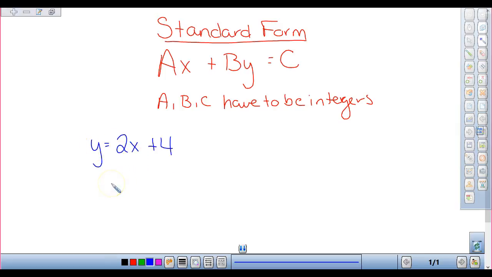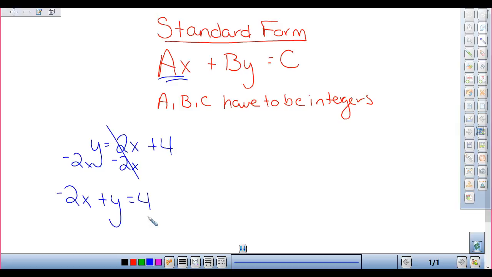How am I going to move positive 2x? So we can subtract 2x and subtract 2x. So over here I have, no, because Ax comes first. Negative 2x plus y equals 4. Is there any fractions in there? No, so we're good. All my coefficients are integers.